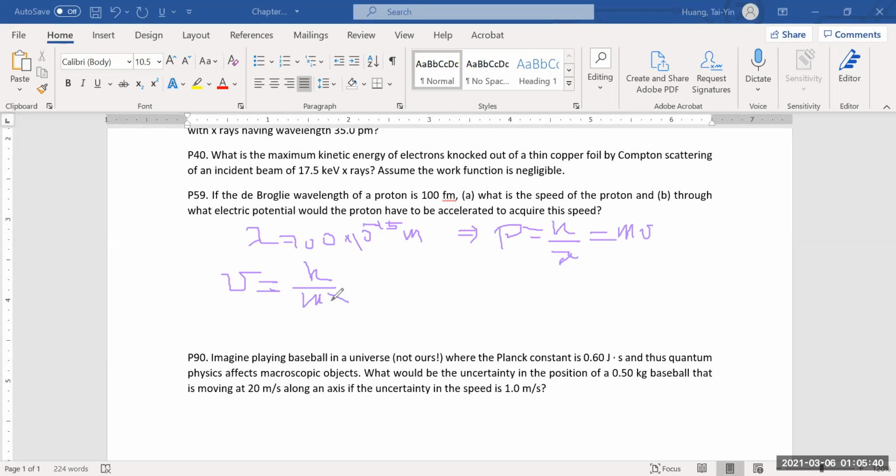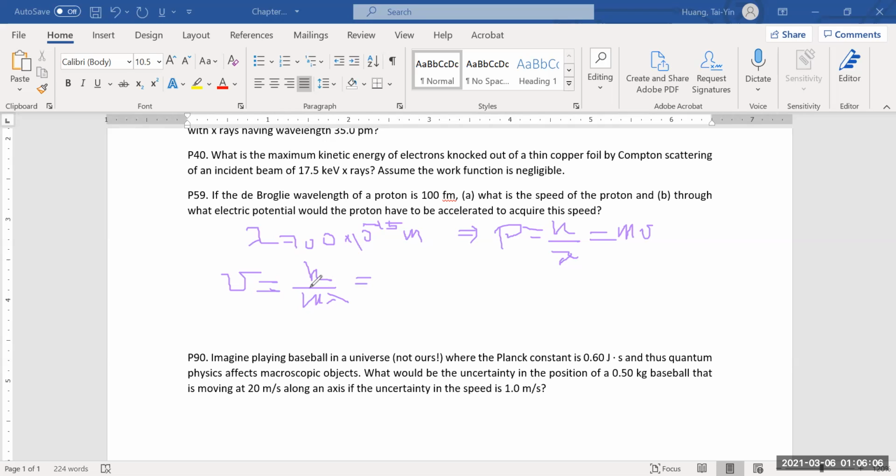For h, I'm going to use 6.63 times 10 to the negative 34, and the mass of the proton, if you Google that, is 1.67 times 10 to the negative 27, and then the wavelength is 100 times 10 to the negative 15.